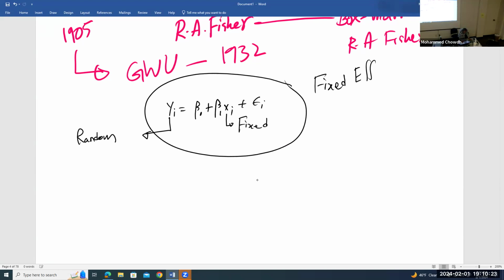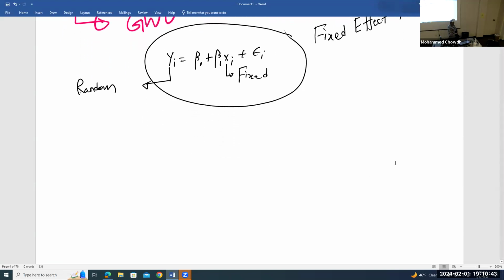Fixed effect means the xi's are fixed. Then there is a random effect model, which I'm going to discuss when I discuss the linear mixed effect model. So now let me explain. These visualizations are very important for you to understand.